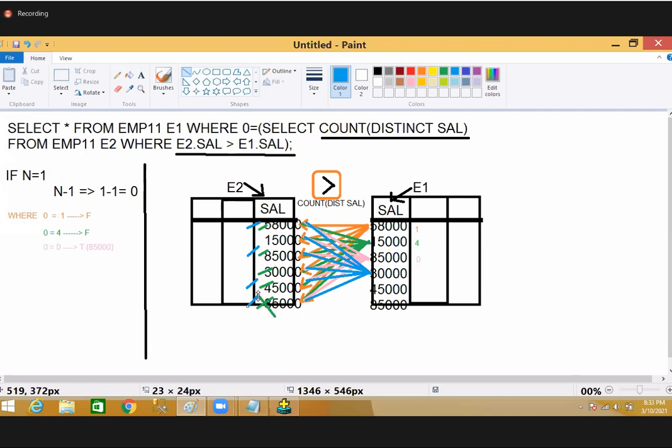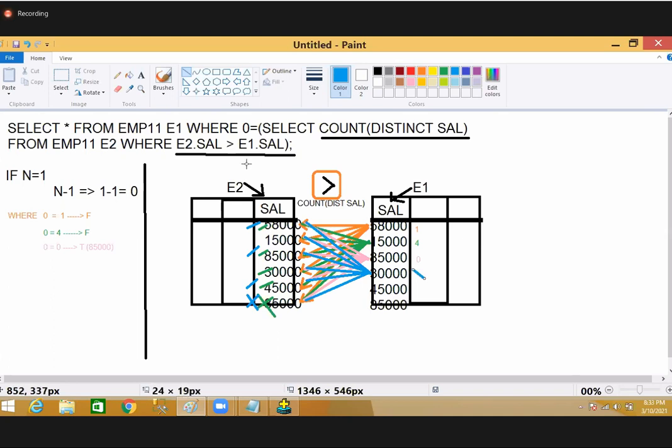So the duplicate, do I want to count it or not count it? Okay, not count. Not count means this duplicate I'm not counting, guys, here. So that means now how many values are more than 30,000? Yeah, 3 values.